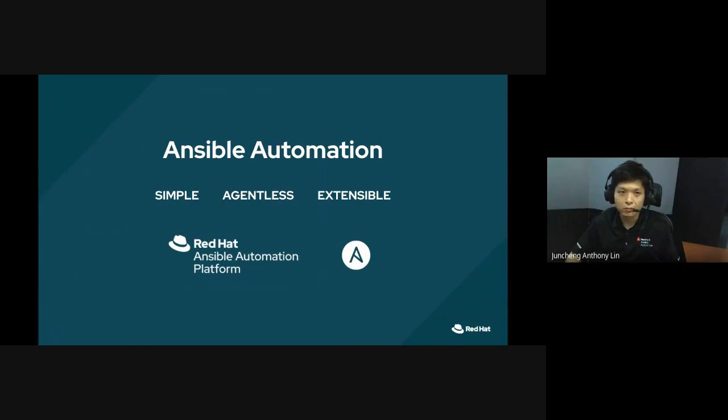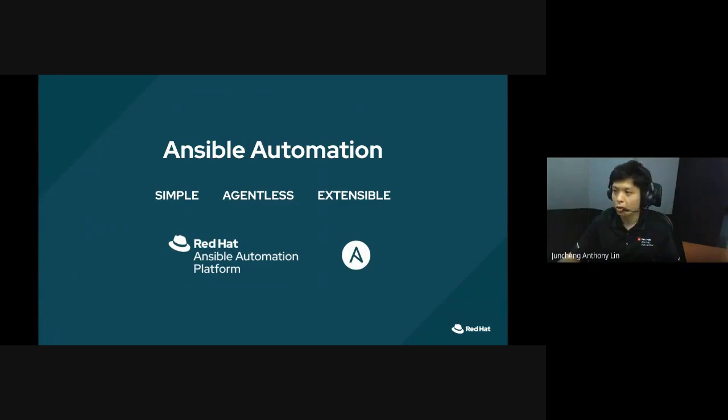For things like Cisco ACI, we can use REST API to talk to them. So we do not need agents to be installed on the remote end to be able to manage them. Everything is agentless via these few protocols, and we can quite easily manage a large number of different platforms.